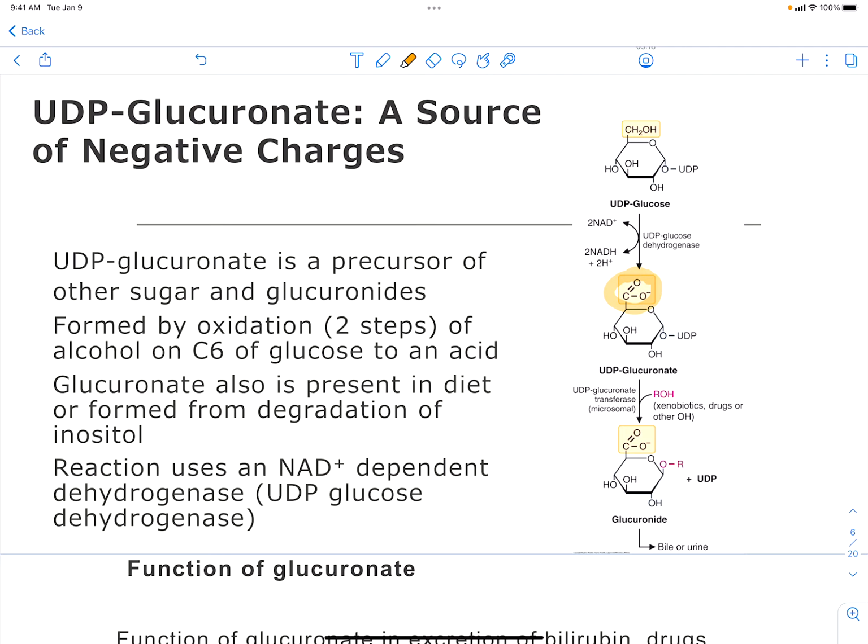And this is going to enable it to bind to things to make them more soluble, such as drugs and xenobiotics. And so some group will come in, and then you're going to bind it to UDP glucuronate to make a glucuronide, which then can be excreted. So this is important in getting rid of toxins in your body, for example, or things in your diet that you don't need or use.